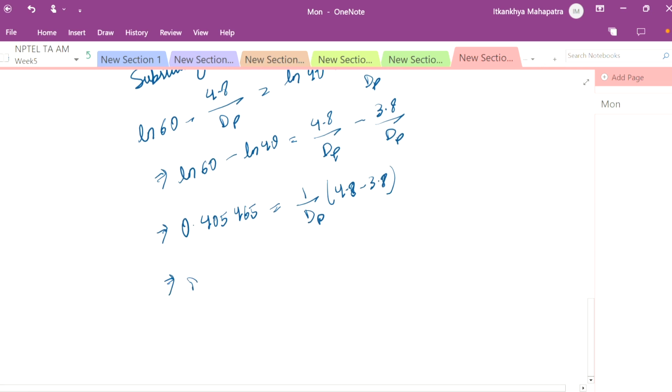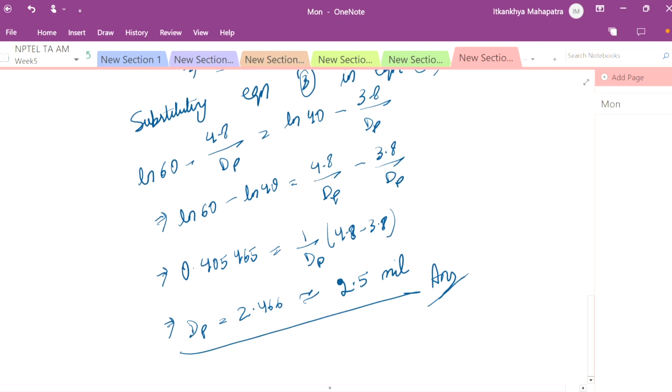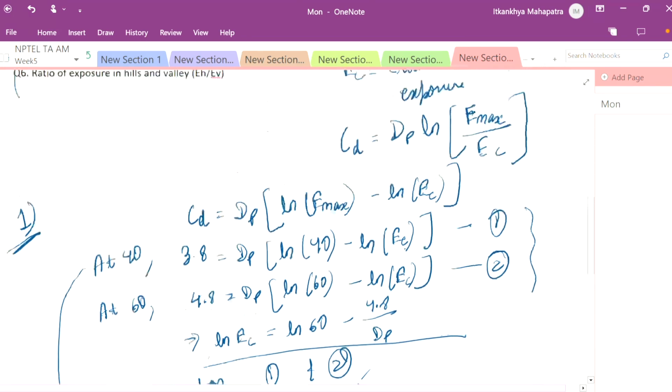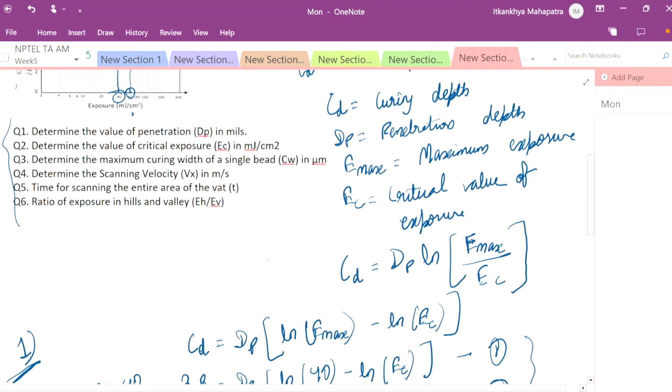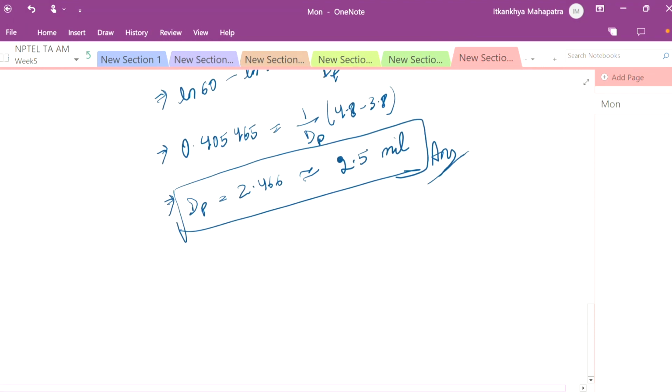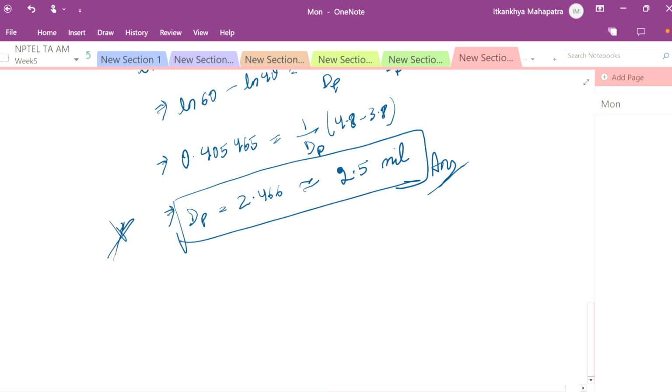Now solving this, dP becomes 2.466, or we can approximate it to 2.5 mil. So this is your first answer. This is the penetration depth. Okay. So we will also need this value further, so we will mark it.